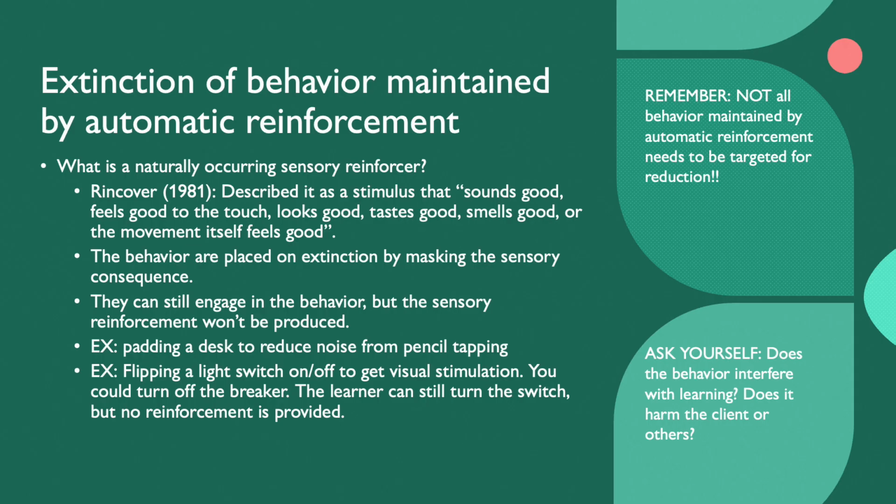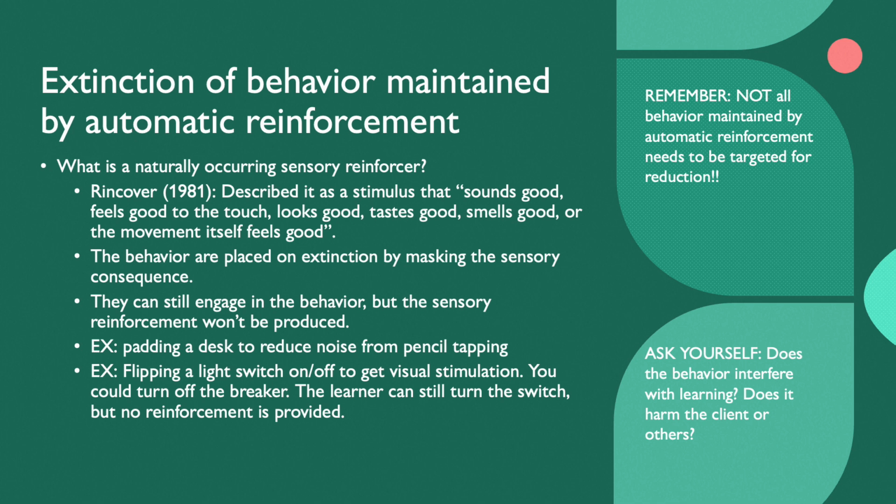Okay, another procedural variation of extinction would be extinction that is applied to those behaviors that are maintained by automatic reinforcement. And first, I want to clarify what automatic reinforcement means, because this will look different for every single learner.